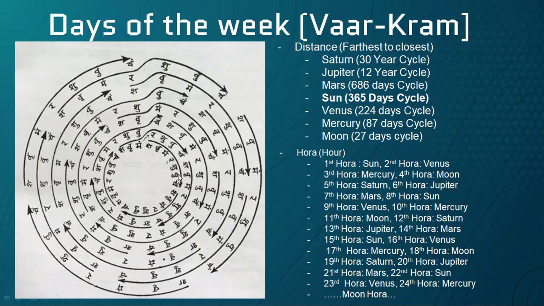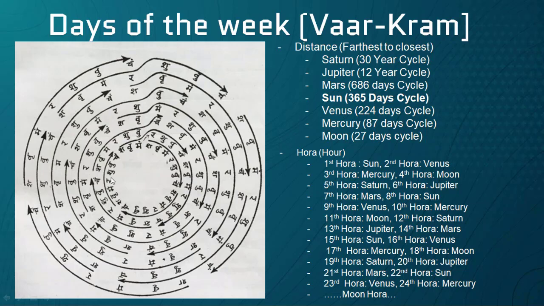In this chart what you see is a chakra where you have Saturn, Jupiter, Mars, Sun, Venus, Mercury, Moon, Saturn, Jupiter, Mars, Sun, Venus, Mercury, Moon.